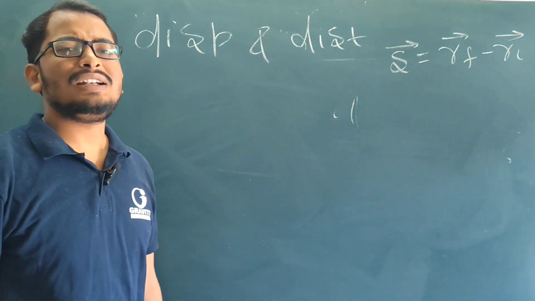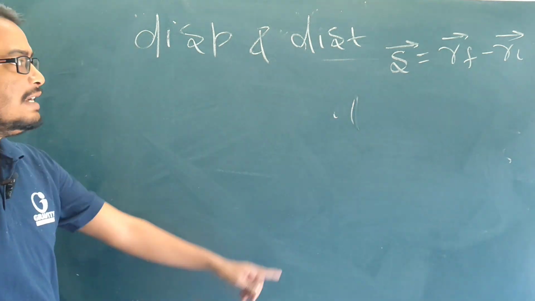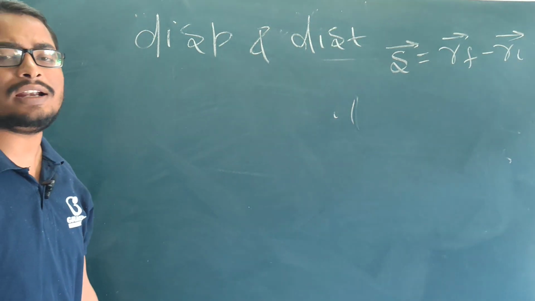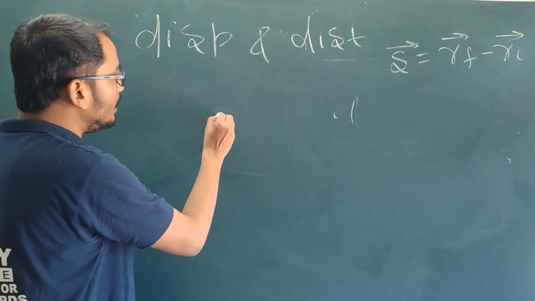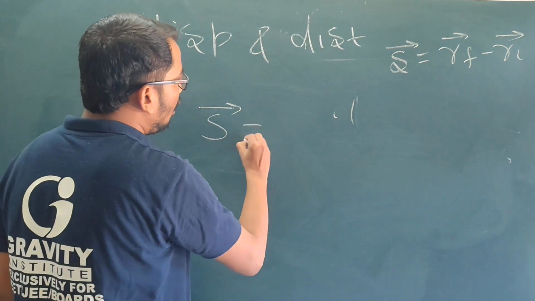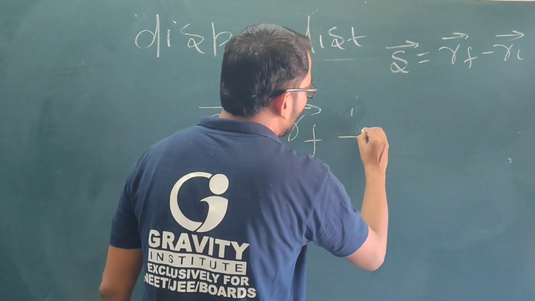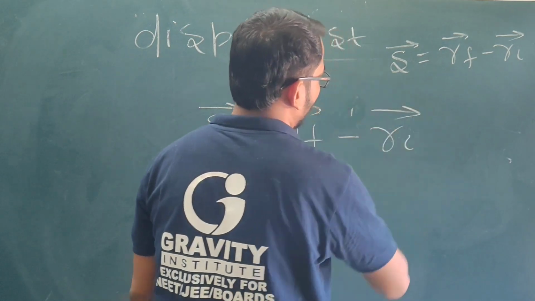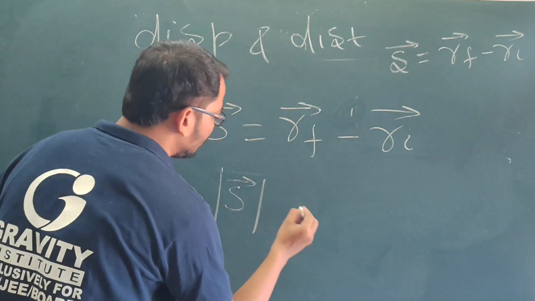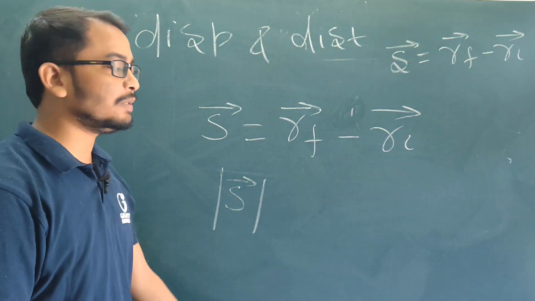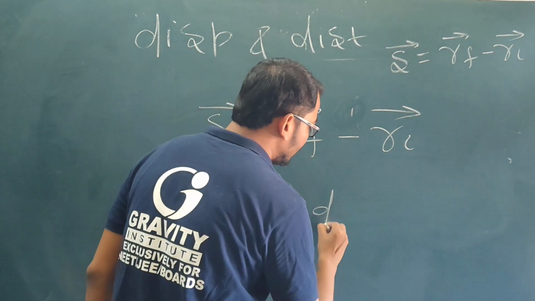We cannot compare displacement and distance because displacement is a vector quantity and distance is a scalar quantity. We cannot compare a scalar with a vector. Displacement is the final position minus the initial position, but distance is the magnitude of displacement.